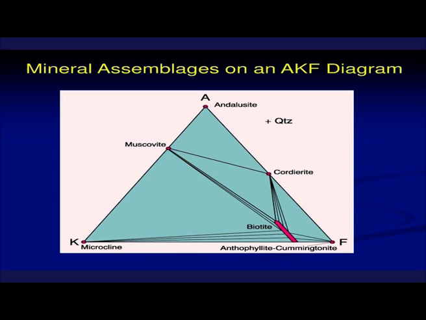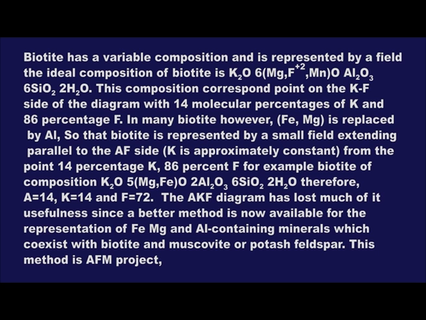Muscovite of ideal composition K2O, 3Al2O3, 6SiO2, 2H2O is located at A equals 67 and K equals 33, because its K to A ratio is 1:2 and an amount of Al2O3 equal to one K2O has already been subtracted from the Al2O3 value.